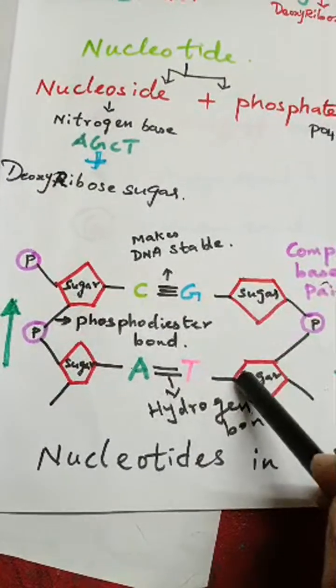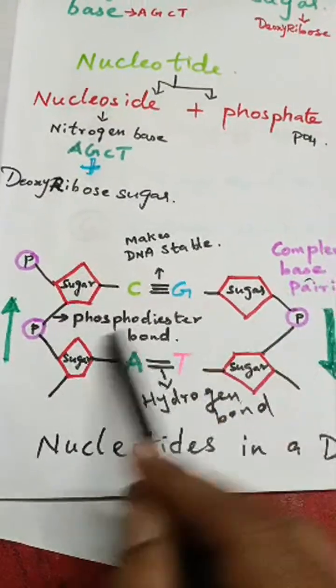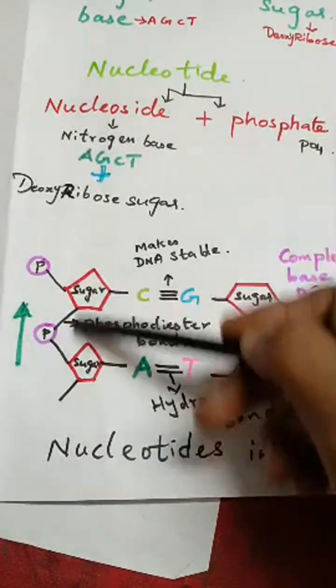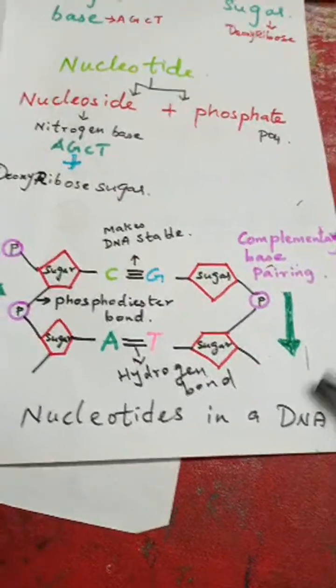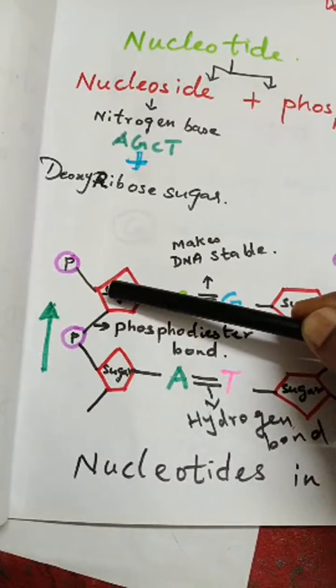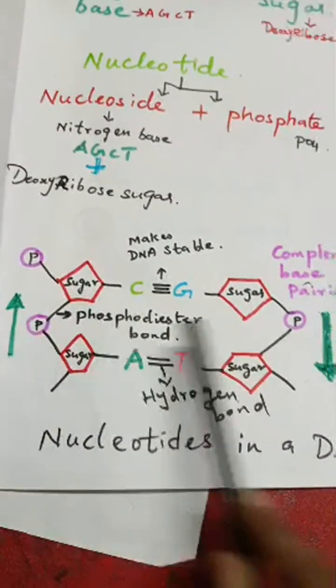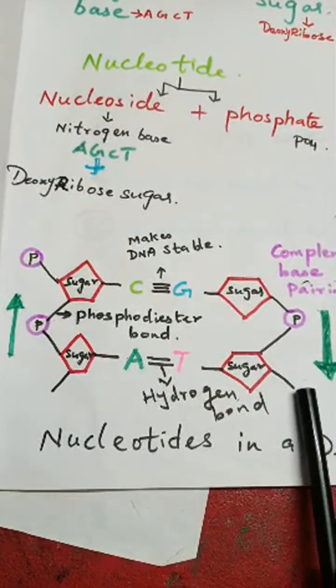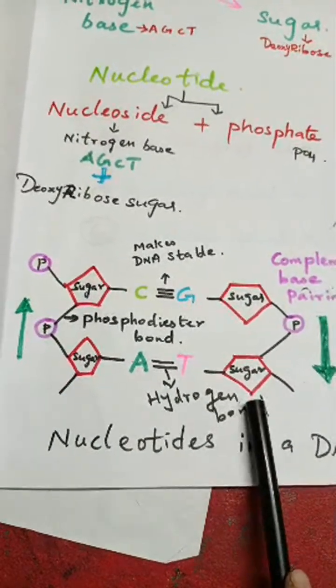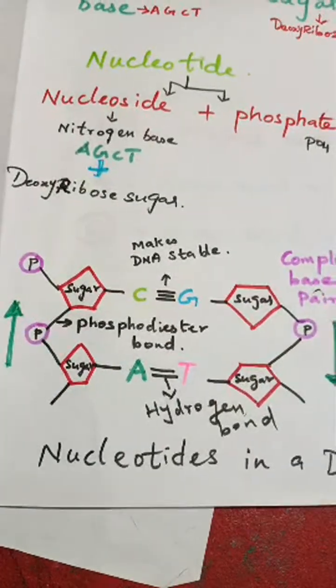And not only that, these two strands will run opposite to each other. If one is in one direction, the other will be in the opposite direction. So this is known as anti-parallel. The two strands are anti-parallel to each other.